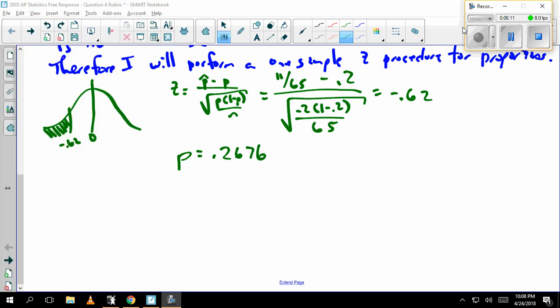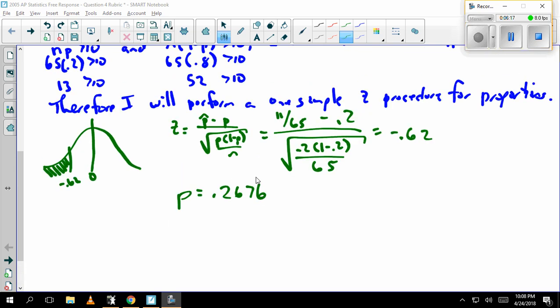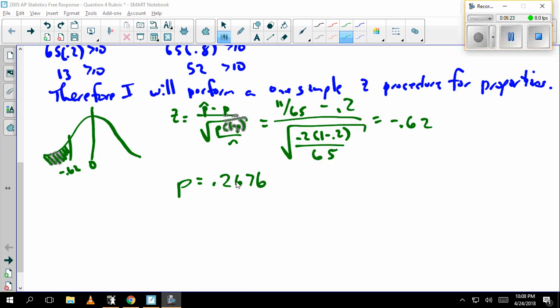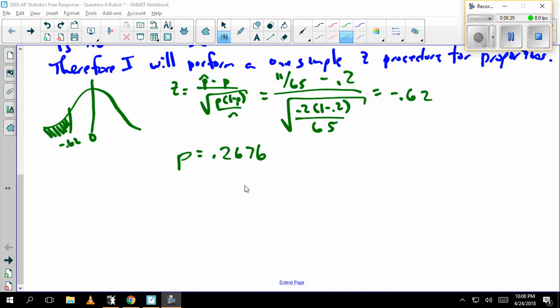0.2676. And now I want to talk about the conclusion and put that in context. Now here's my p-value. I'd compare that to an alpha level. I don't recall an alpha level in the problem, but nevertheless, this number is bigger than any reasonable alpha level that I can recall ever using.